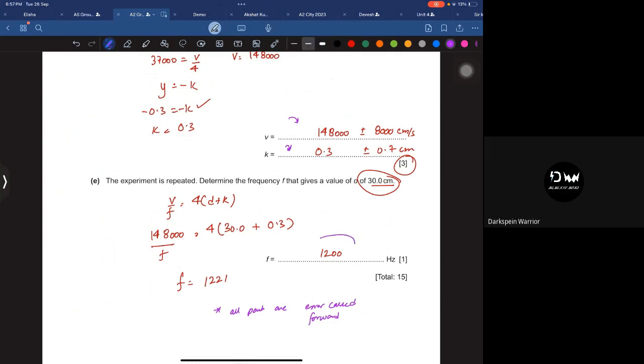You can still do this part without getting penalized because your value is wrong there. Is it clear, everyone? Yes, sir. In fact, if you come out of your exam room and somebody tells you, my frequency was way too high or way too low, probably you've done something wrong. It doesn't really matter. What they are looking for is the correct substitutions, correct use of formulas. Do you guys get it?